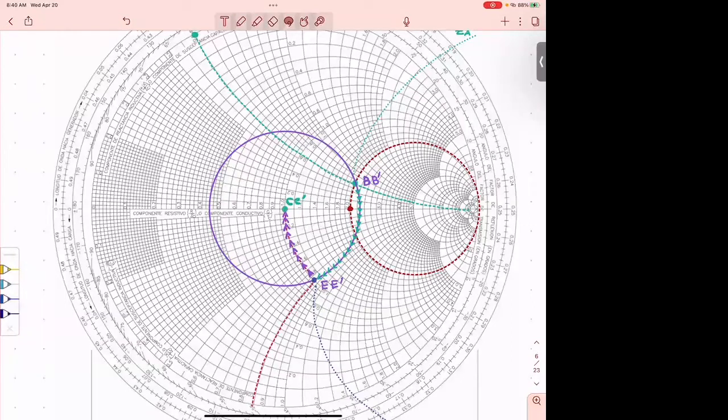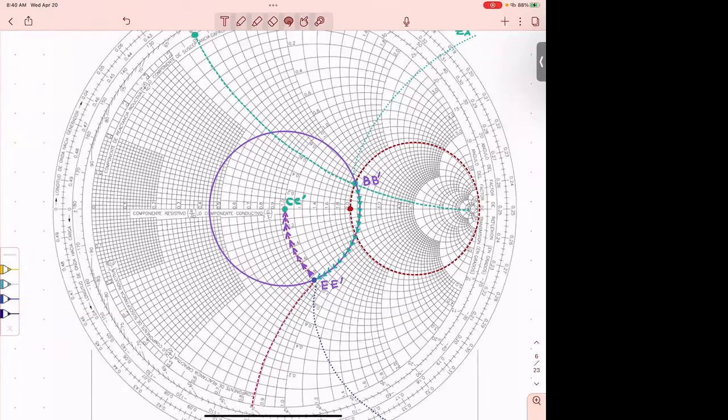That point at the center, the green dot, has a real part of 1 and an imaginary part of 0. Which means that at the point where I get there, my input impedance normalized to Z naught is going to be 1, which means my input impedance at that point is going to be equal to the characteristic impedance of the line.